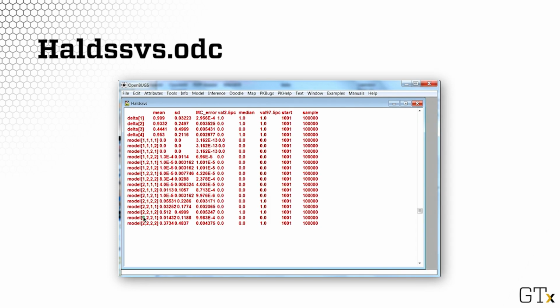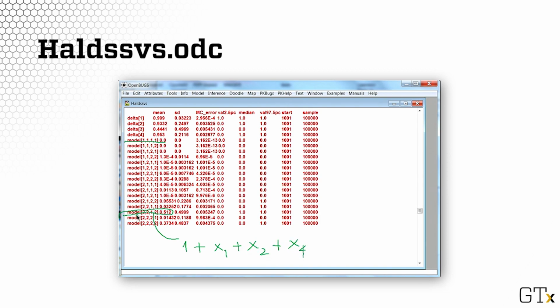Take a look at how many times MCMC visited these models. For example, only intercept was never visited, almost. The most visited model here looks to be this one, with 51% of all visits. And that model is intercept plus x1 plus x2 and plus x4.